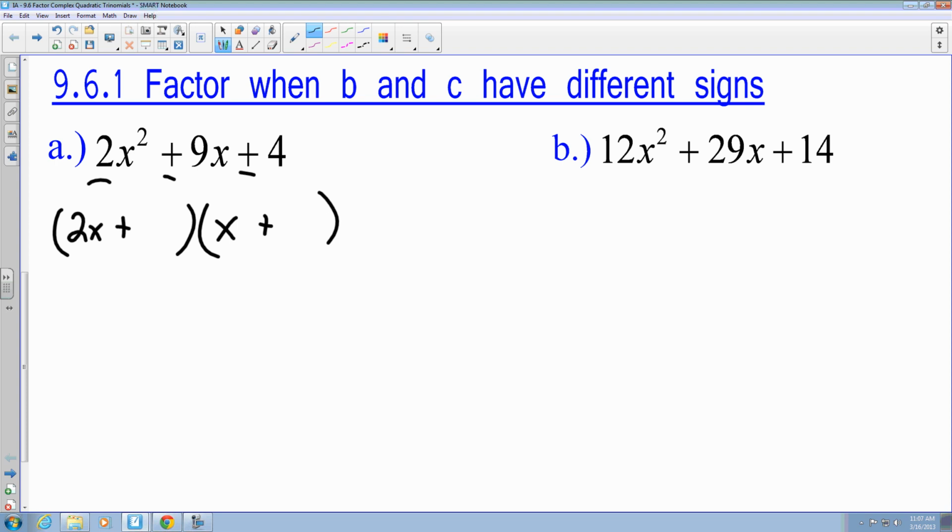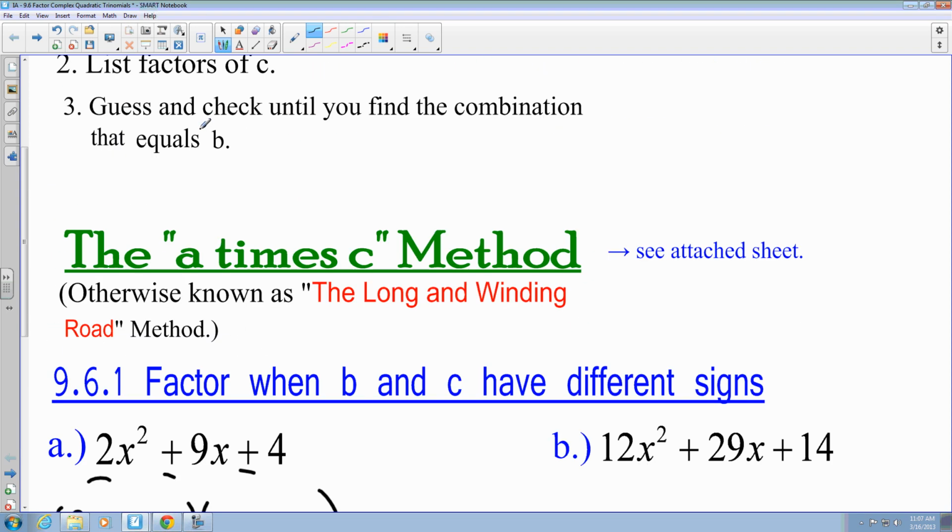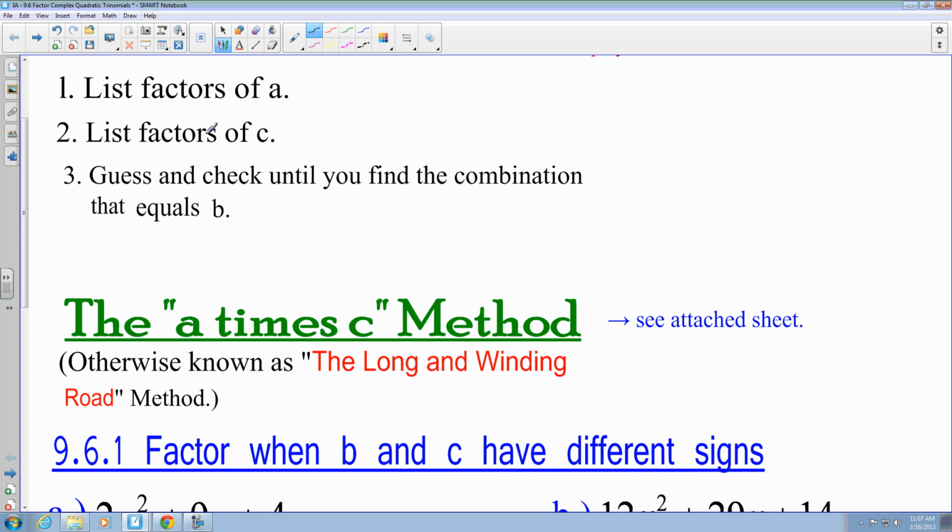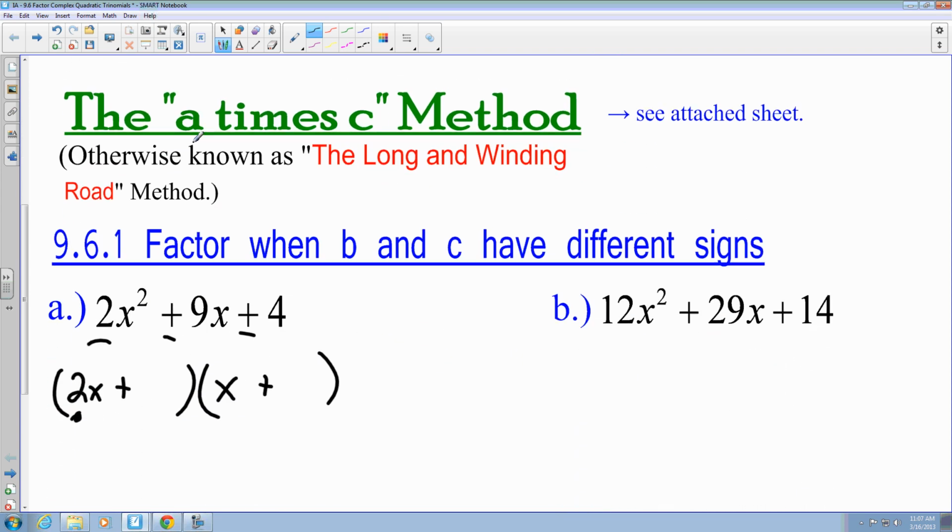Now I need to find two values whose products give me 4 but whose sums give me 9, and I also have to take into account this 2 here. So what they set up is to list the factors of A, which in this case would just be 2 and 1, and then list the factors of C. The factors of C, which equals 4, are 1, 2, and 4.